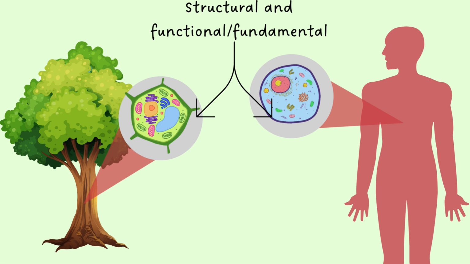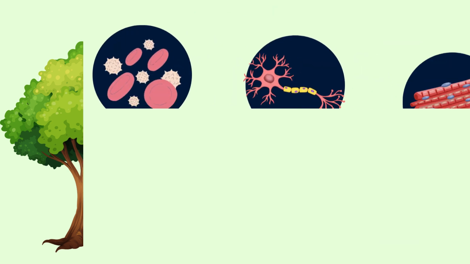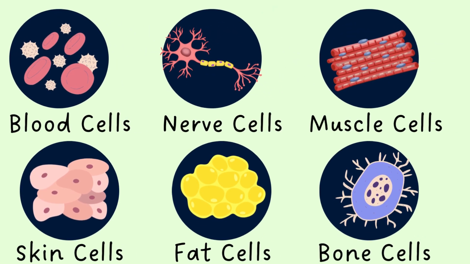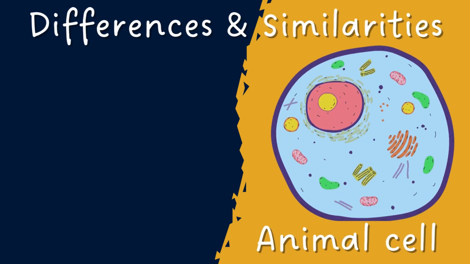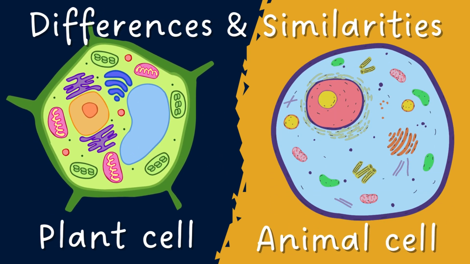We also established that there are different types of cells that perform different functions, and we gave an example in the human body. We said we have skin cells, nerve cells, blood cells, and etc. So now we're going to compare the differences between a typical animal cell and a plant cell.